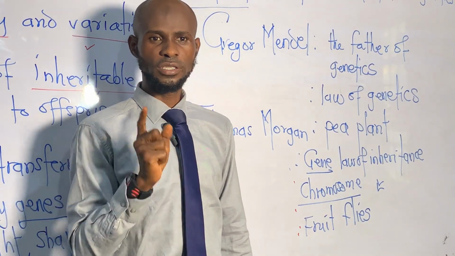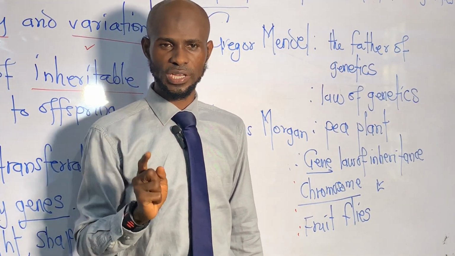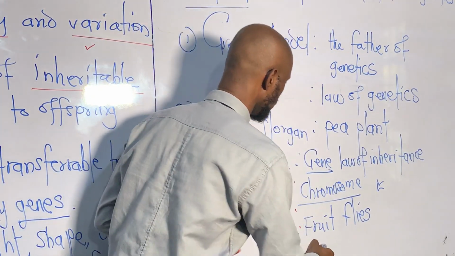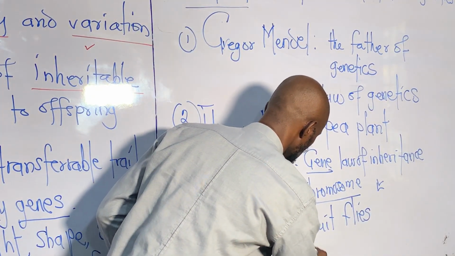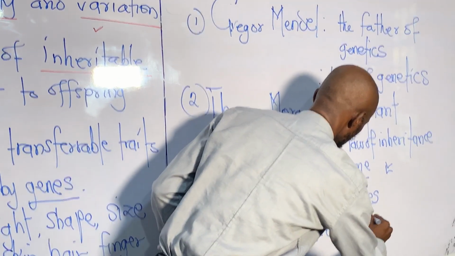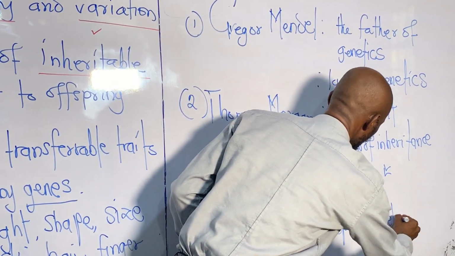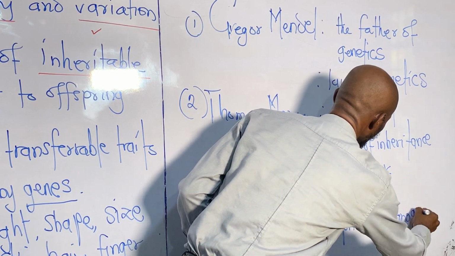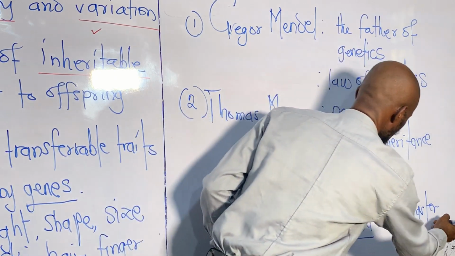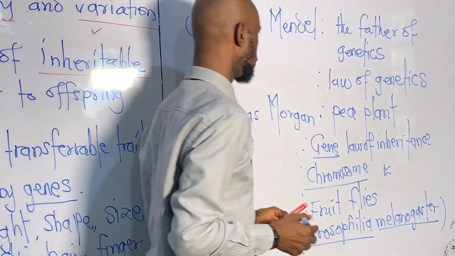Let's say together, Drosophila melanogaster. You find this in the past question when we are solving the past question. So we have fruit fly, scientific name is Drosophila melanogaster. So you're going to underline that.